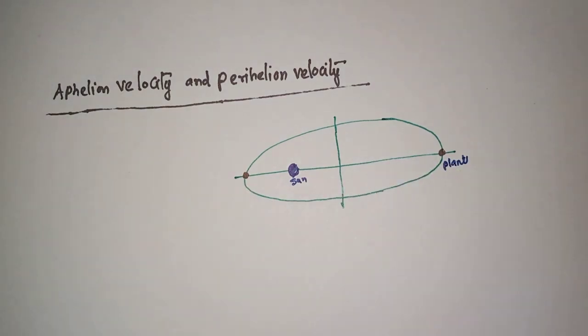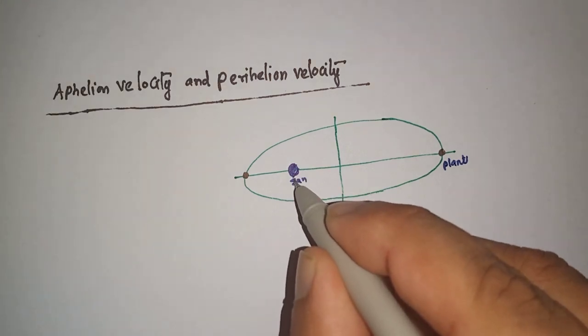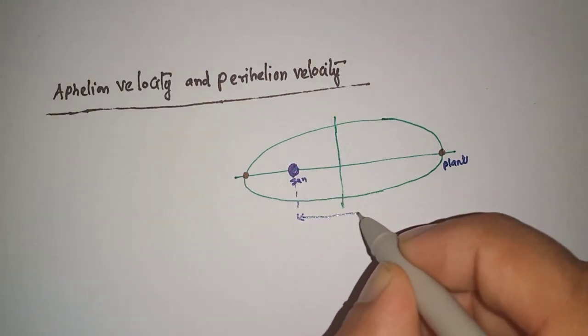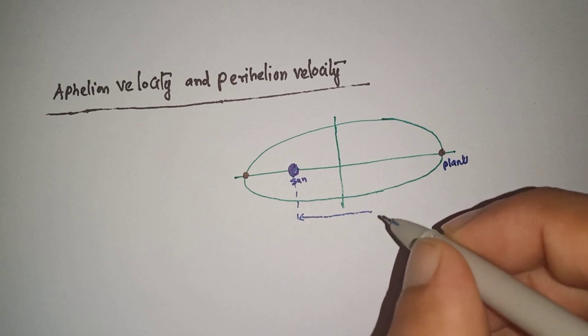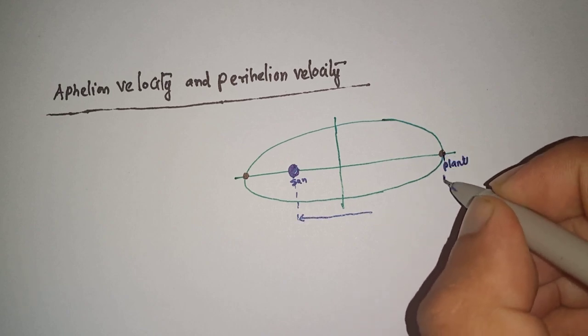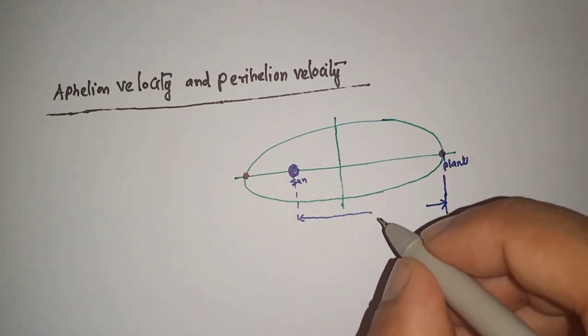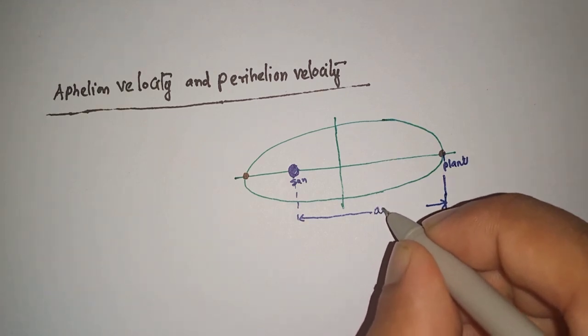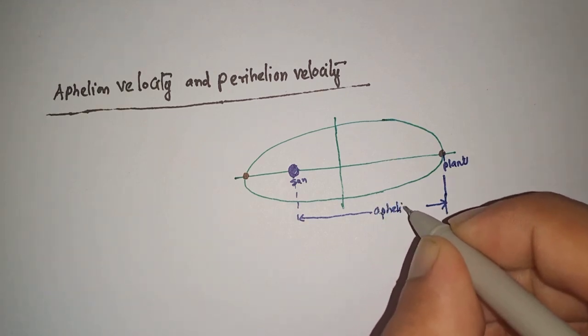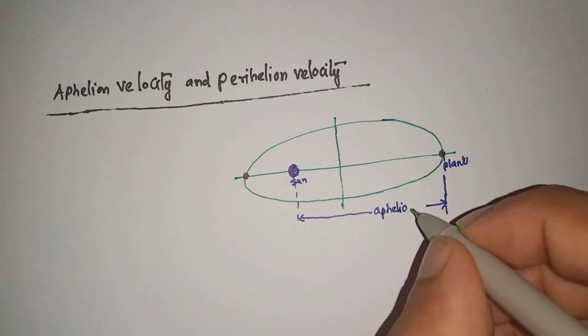So, if you mark those distances, now I mark the distance. This is going to be the maximum distance. If you see, this is going to be the maximum distance. So, this is going to be your aphelion. In different textbooks you have different terminologies.